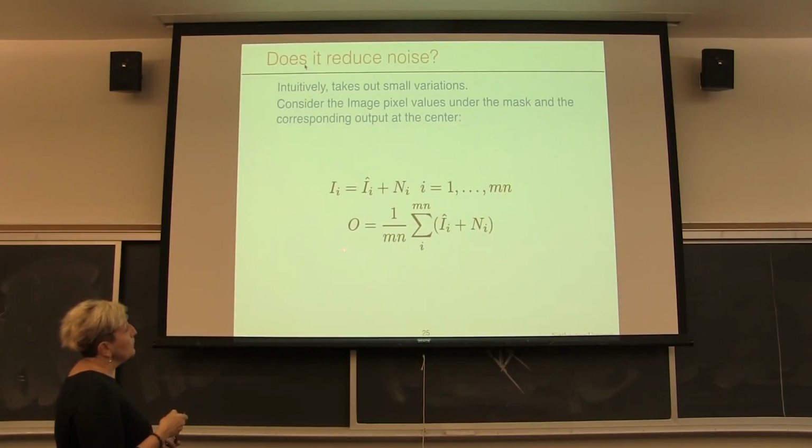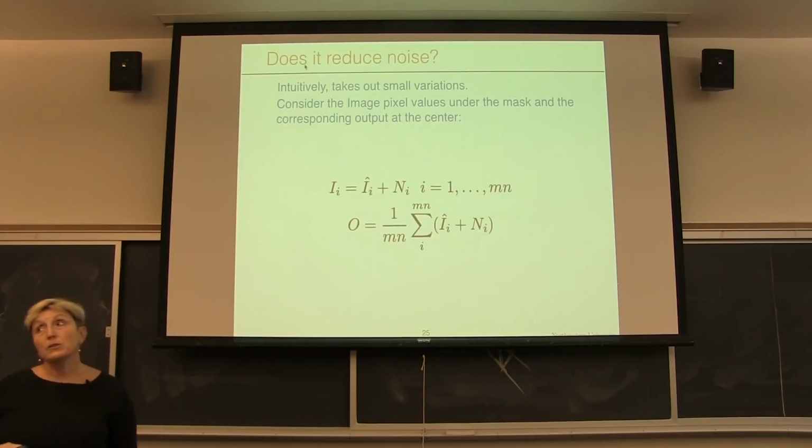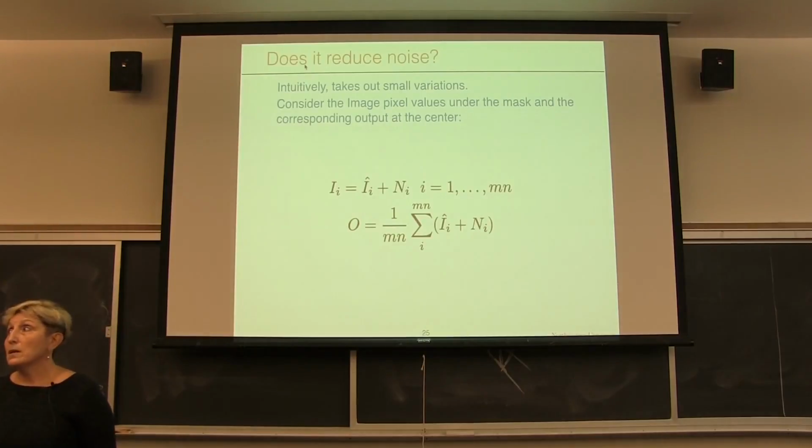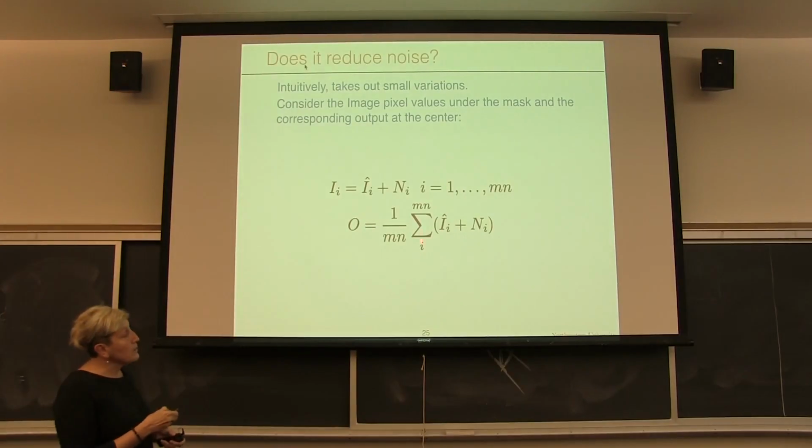So the output after applying the filter is going to be the sum of the products, that is, the average of the values in that neighborhood. I'm summing over all pixels in the neighborhood, from 1 to m times n, summing the values I'm given, and then dividing by the number of elements I have in the mask.